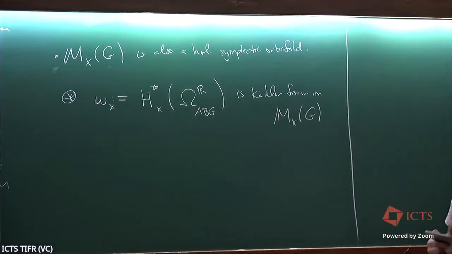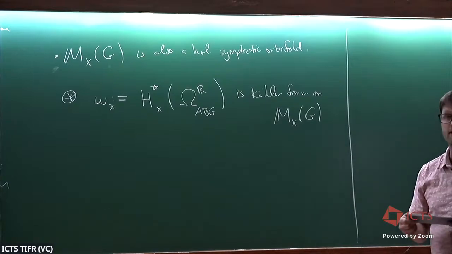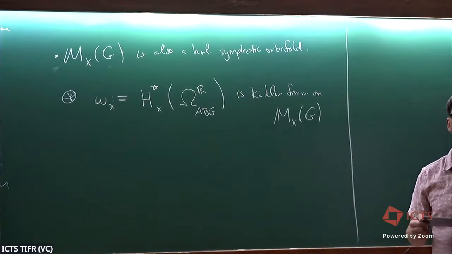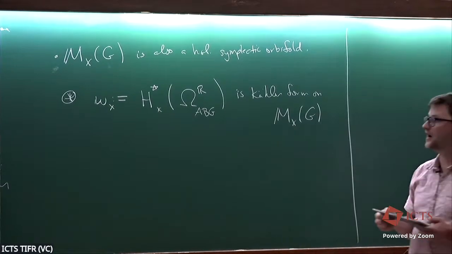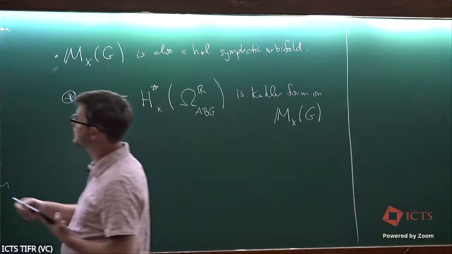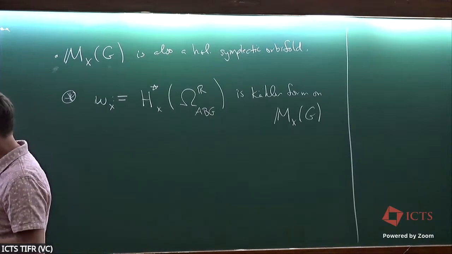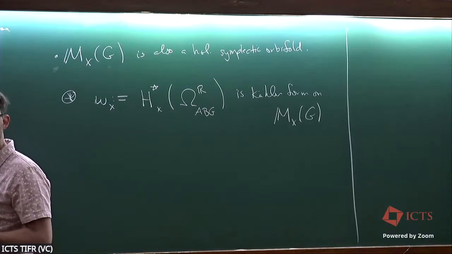Okay, so this is the objects that we're going to be talking about. Any questions? Yeah. Good. Since I'm on a one-dimensional complex manifold, I don't need an integrability condition.